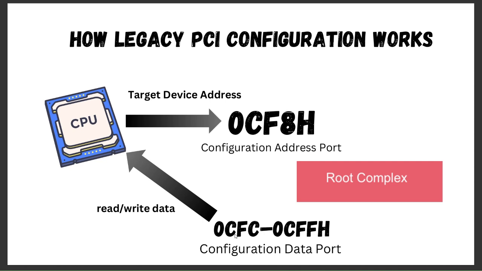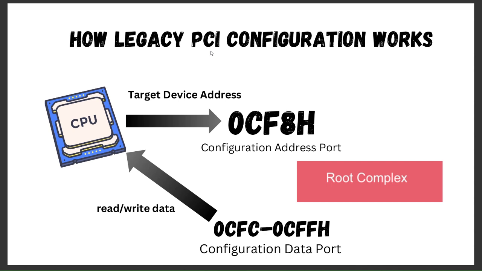So how does legacy PCI configuration work? Let us understand this. In the legacy PCI mechanism, the PCI configuration registers are accessed indirectly through the configuration address port and the configuration data port. Here's how it works.